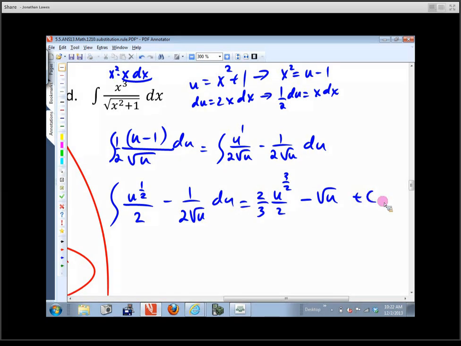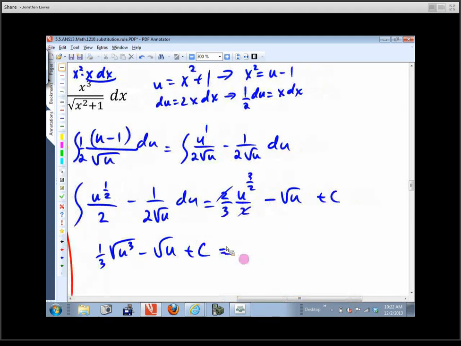And then we'll just clean this up a little bit. So I'm going to cancel the 2 with the 2. So this is going to be 1/3 square root u cubed minus square root u plus c. Okay, and it's just algebra here, right?